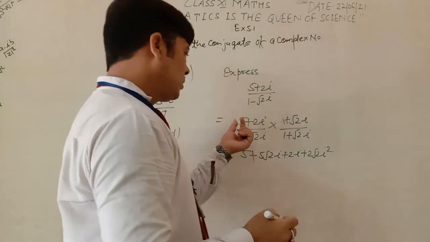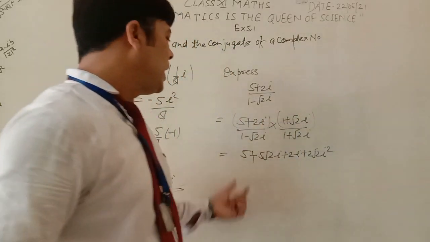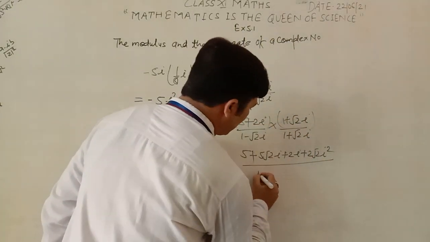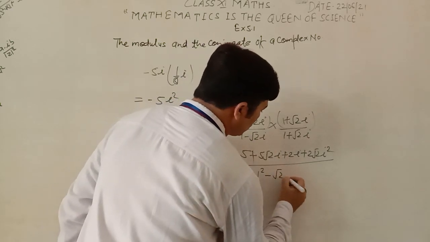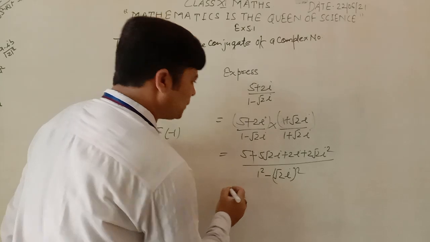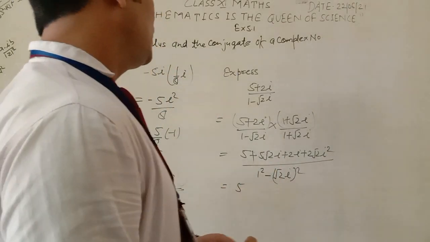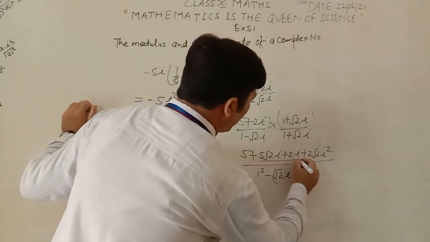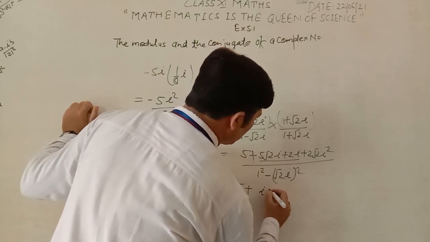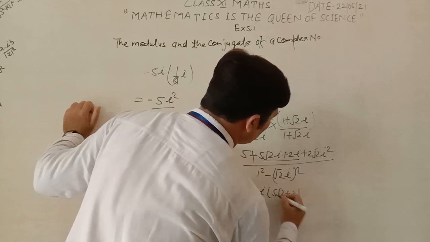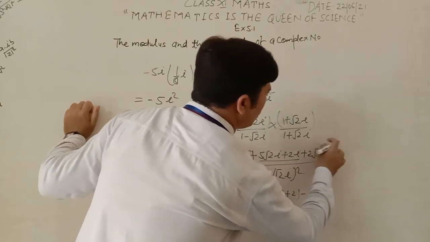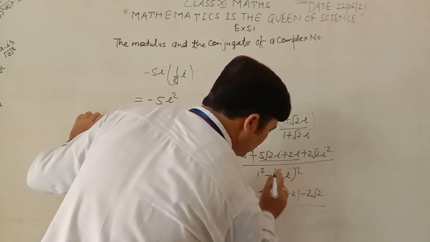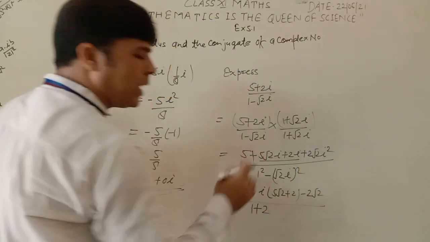Firstly multiply the numerator, and the denominator is in the form of a minus b, a plus b, which can be written as a square minus b square, meaning 1 square minus root 2i whole square. Taking i common, the numerator is converted to 5 plus 5 root 2 plus 2 times i, and minus 2 root 2, because i square gives you minus 1. In the denominator, i square gives minus 1, so it is minus minus plus, and root 2 whole square gives 2, so it becomes 1 plus 2, which is 3.